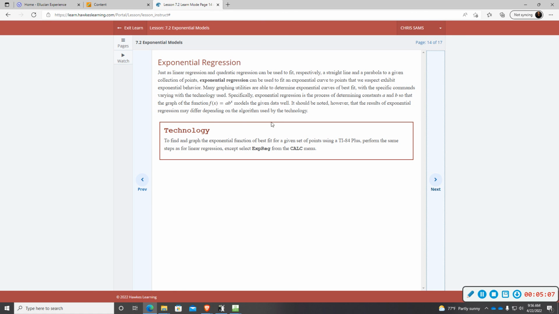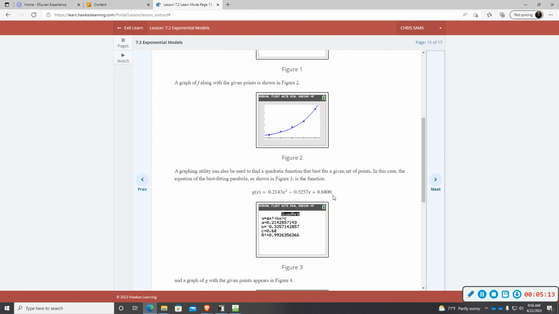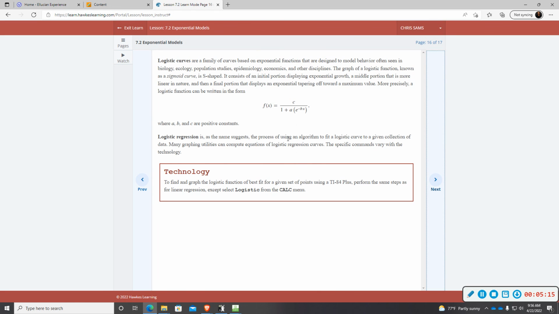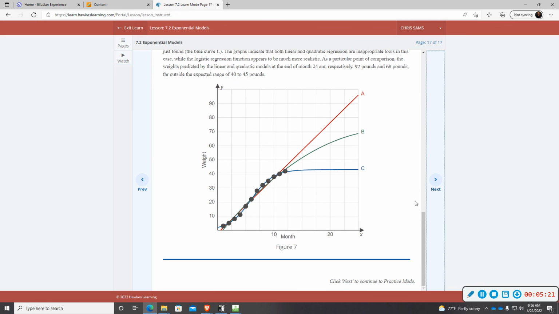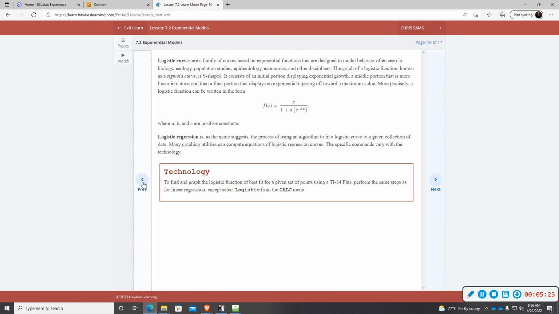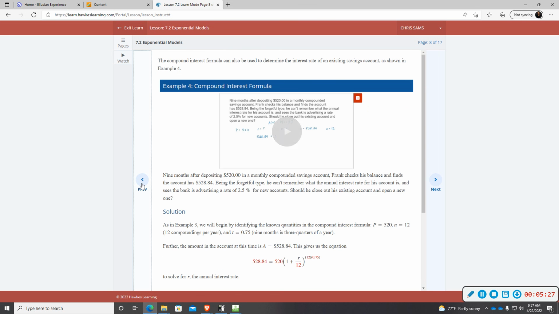So they do talk about exponential regression. We have scatter plot and numbers to do that, but if that pops up when we need it, I will show you how to do that at the time. But as far as what we need, the most important things, let me just go back, are the compound interest formulas.